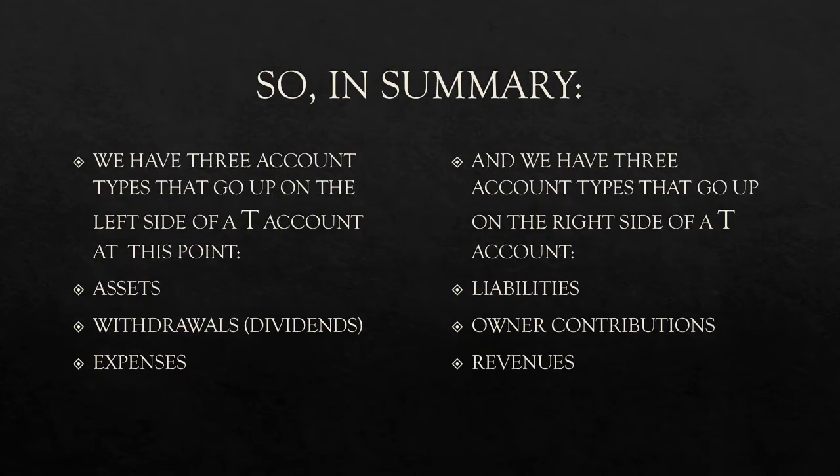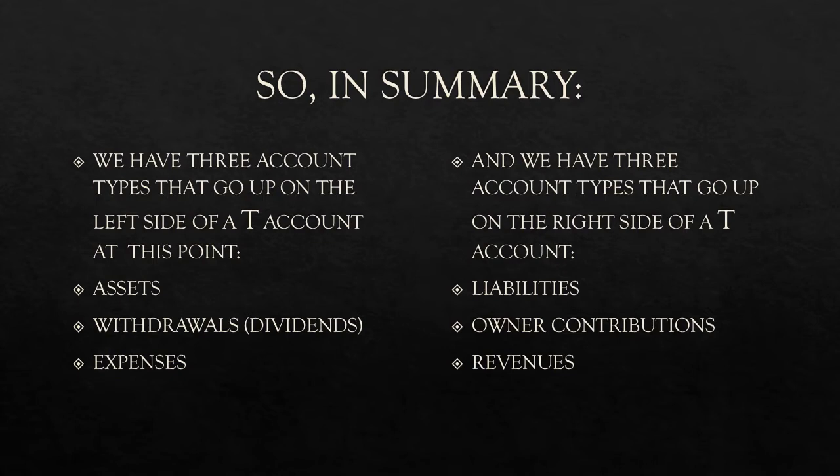Okay, so if I was trying to think of a summary and things that I would expect you to know, we have 3 account types that go on the left side of the T account: assets, withdrawals or dividends, and expenses. And we have 3 account types that go on the right side of the T account, at least in the early stages of this: liabilities, owner's contributions, and revenues.